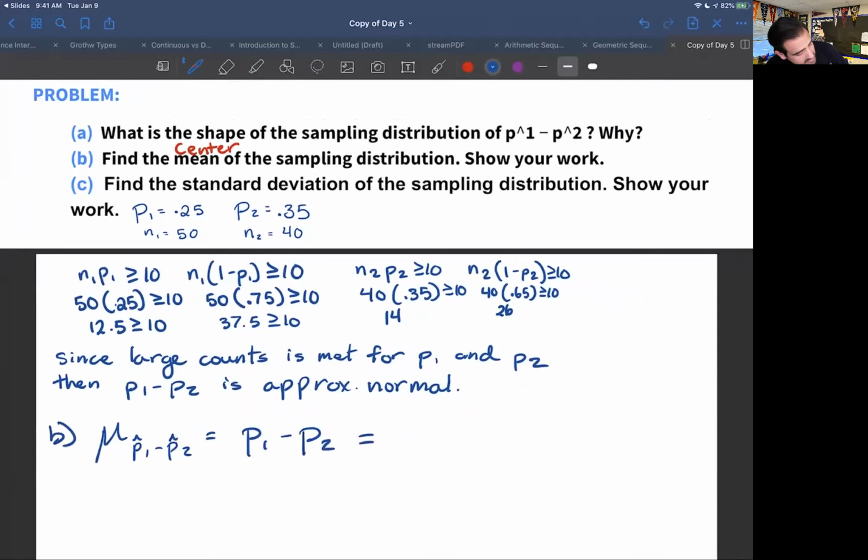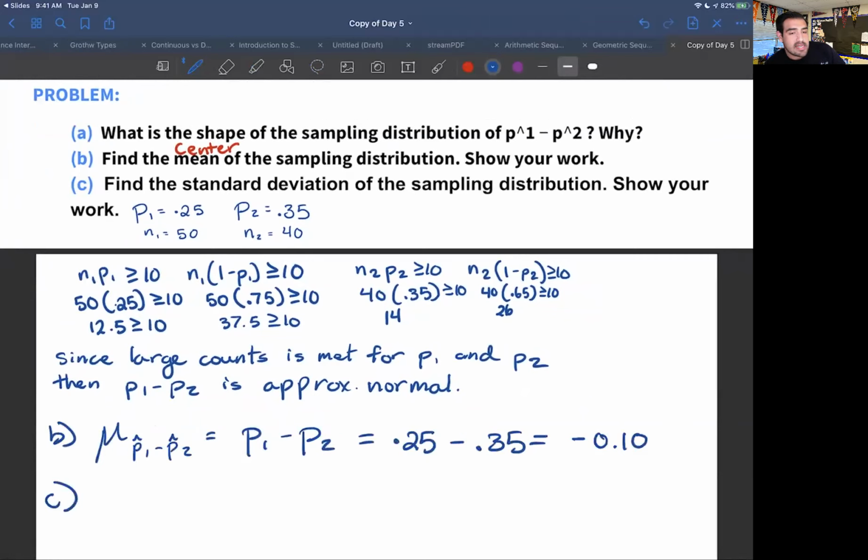So that is 25 minus 35, which makes the true center negative 10%. That comes from the formula earlier.